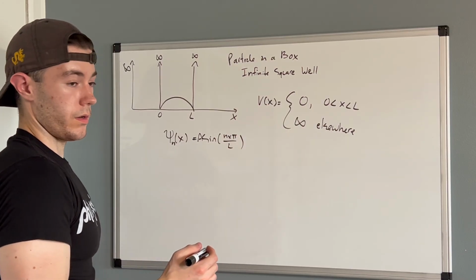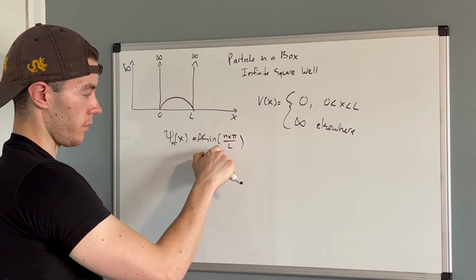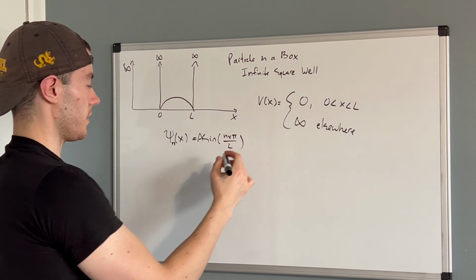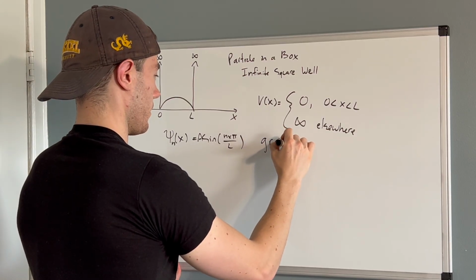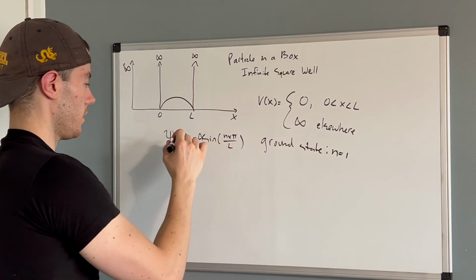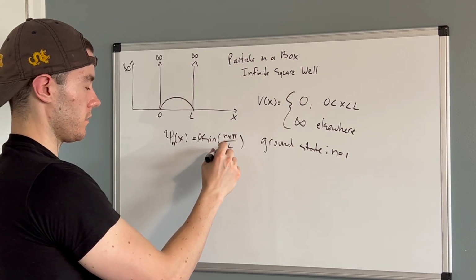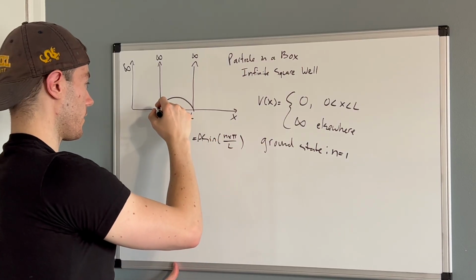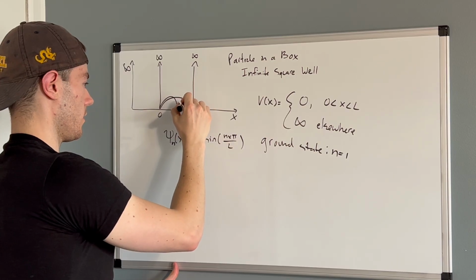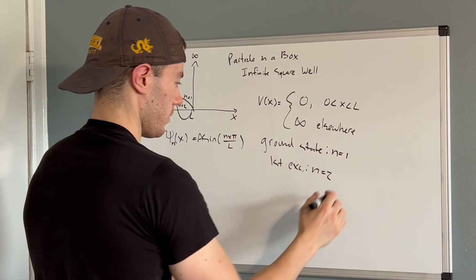So you think normally, okay, ground state, this should be n equals 0, but remember, if we plug in n equals 0, it makes the whole thing 0, and then there's no particle, so it can't be the ground state. The ground state is n equals 1, and that's sine of pi x over L. N equals 2 is the first excited state, and so on.